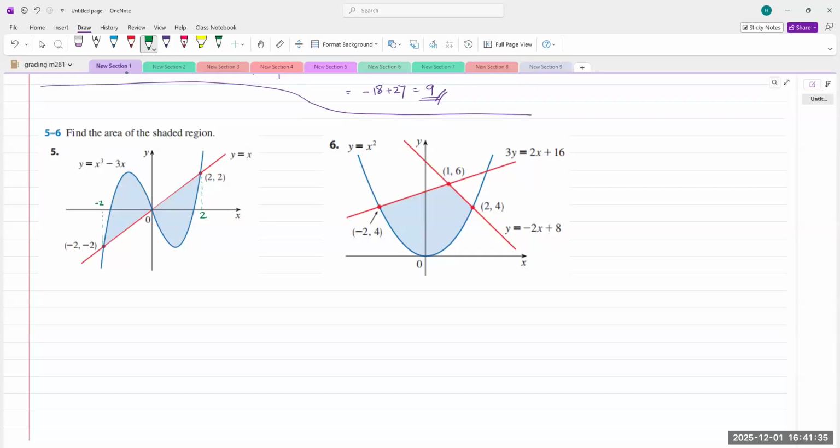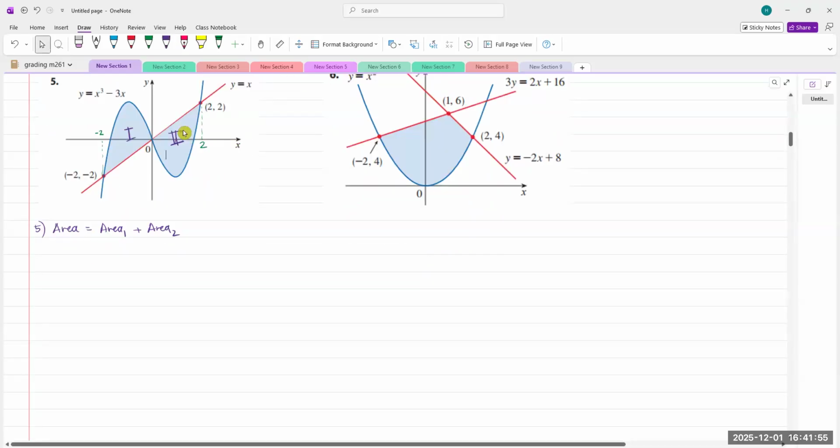Because there is a switch, we will break the area into two parts: area 1 plus area 2, where this is our region 1, this is our region 2.